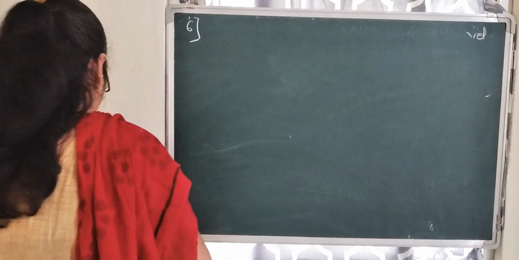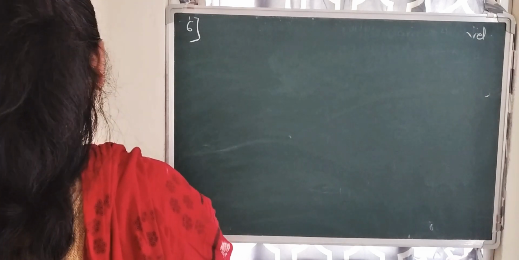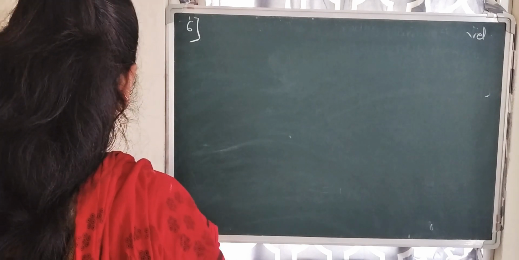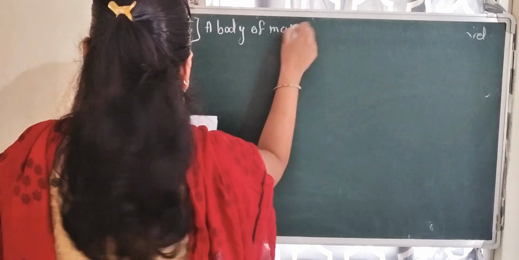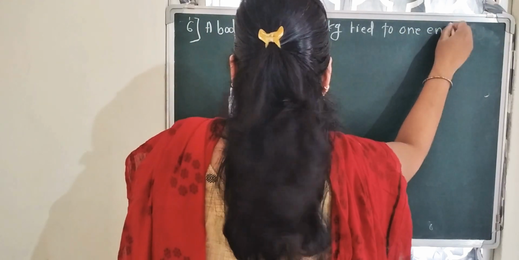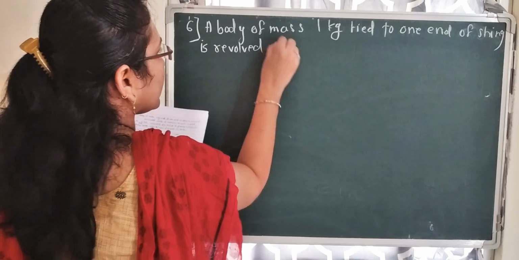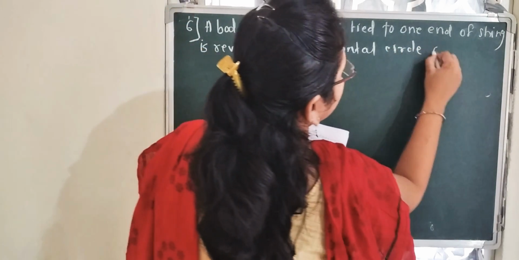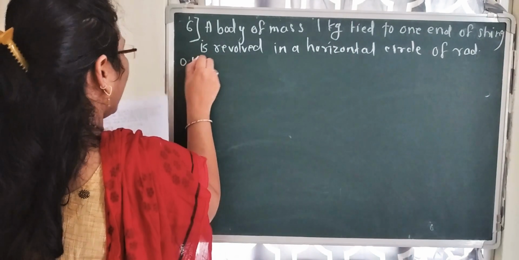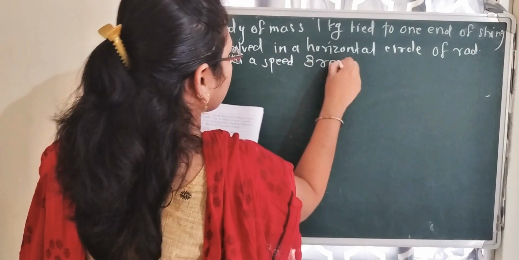sixth example. A body of mass 1 kg tied to one end of a string is revolved in a horizontal circle of radius 0.1 meter with a speed of 3 rps.